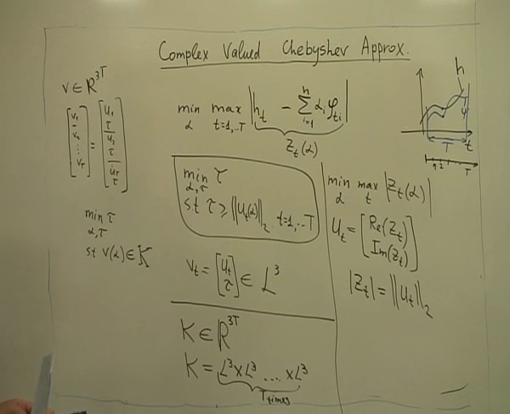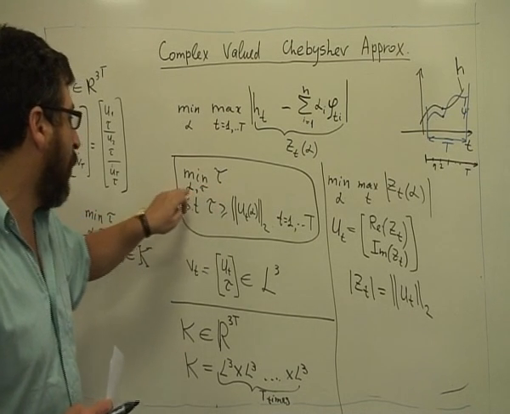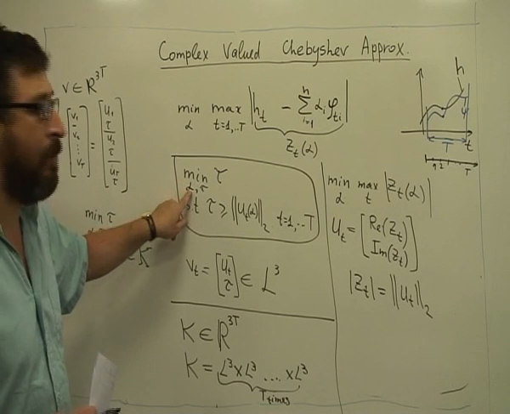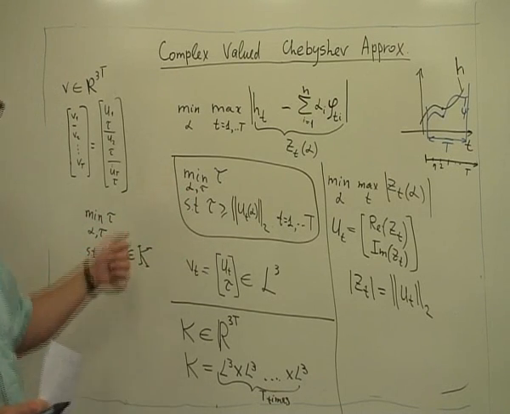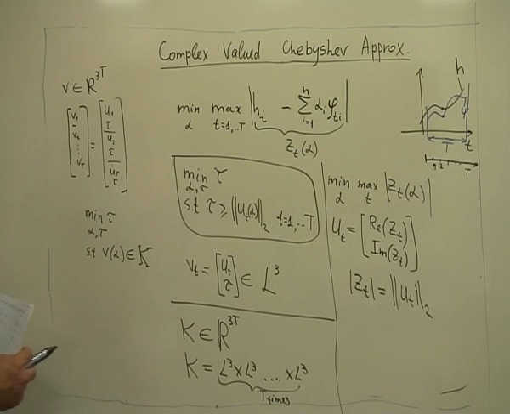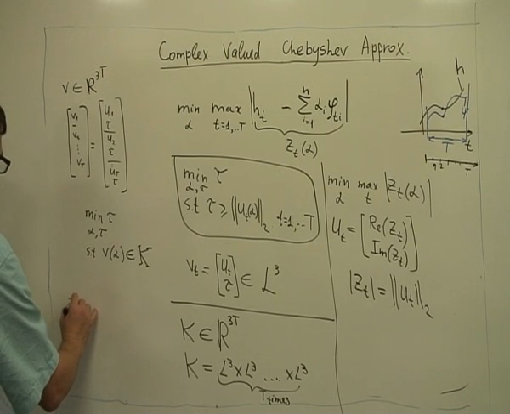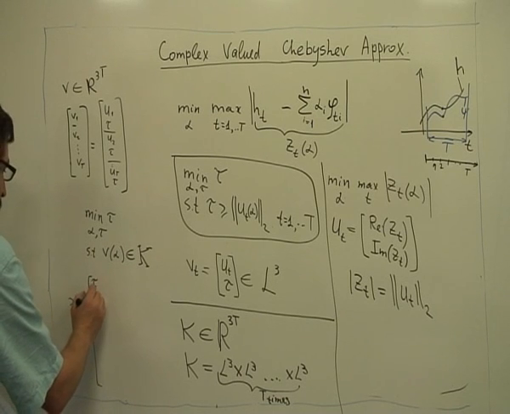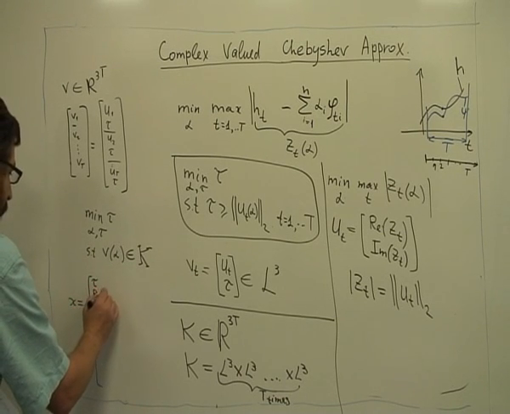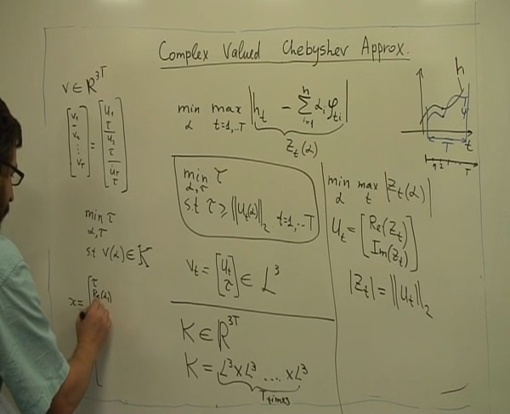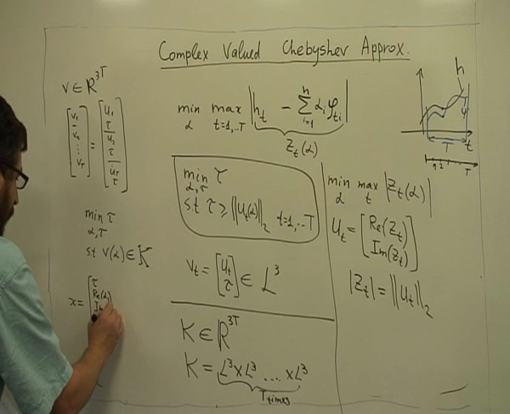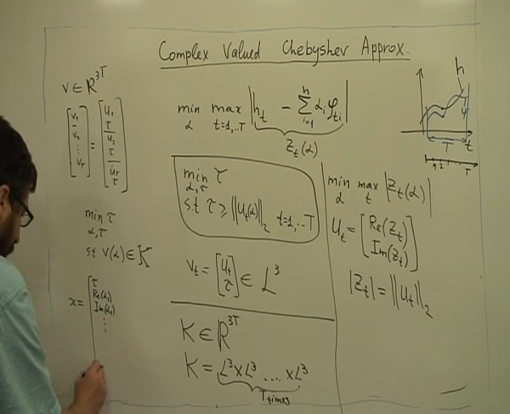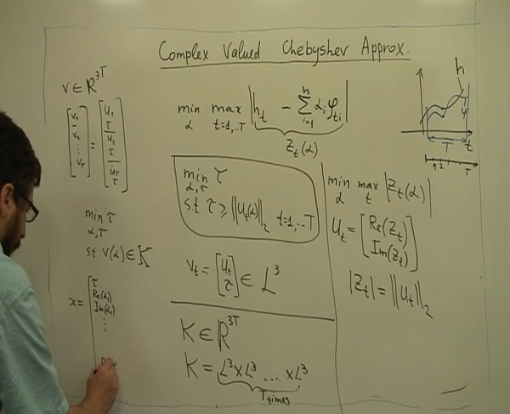What are our variables? This is tau and alpha, and instead of every complex alpha, I will write its real and imaginary components. So I can define vector x in the following way. It will be tau and then real of alpha 1, imaginary of alpha 1, and so on, real of alpha n, imaginary of alpha n.